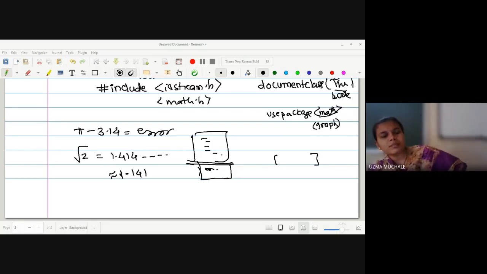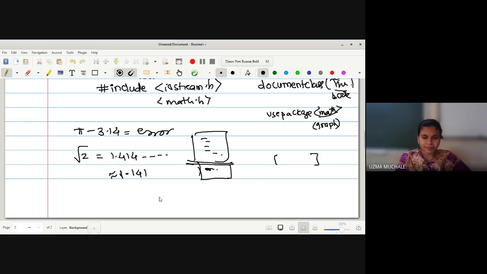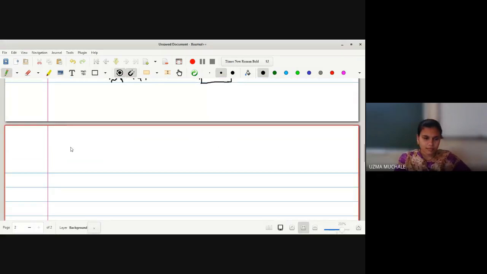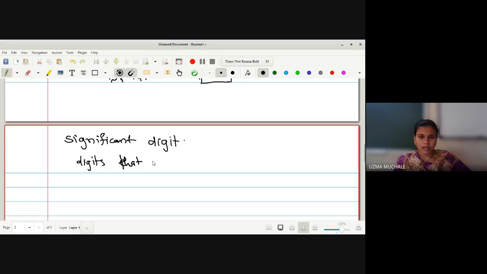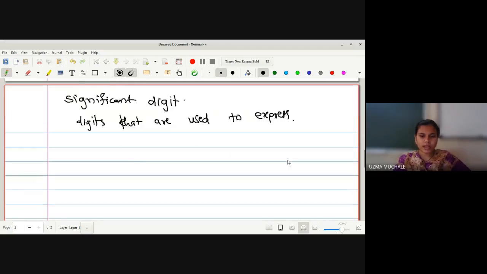The digits that are used to express a number are called significant digits or significant figures.